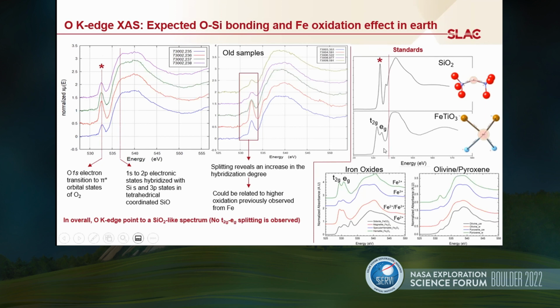But the old samples present this splitting in the t2g and eg transitions, which could also be related to what we already obtained from the iron: we have more oxidized iron in the old samples in comparison with the new ones.